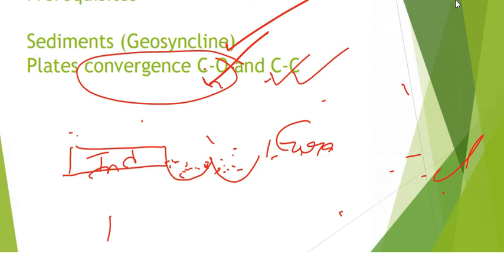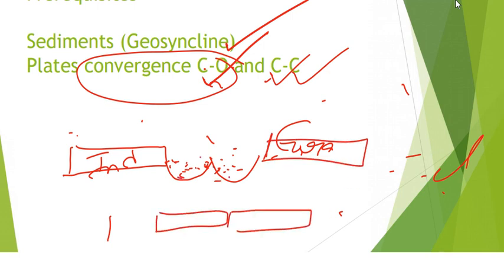Himalayas formed due to these sediments. Now they hit, and the sediments formed fold mountains, which we see. They formed like this. Four things formed.